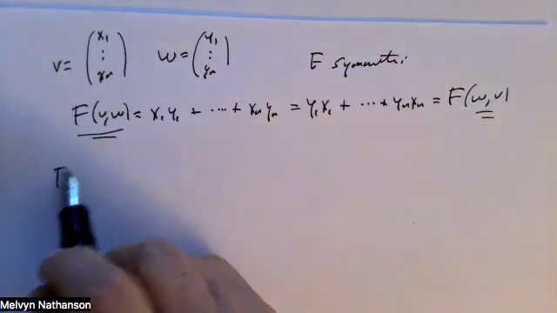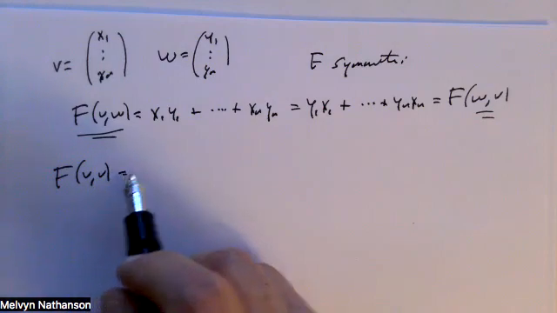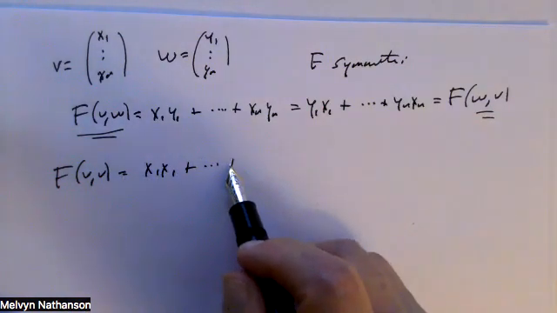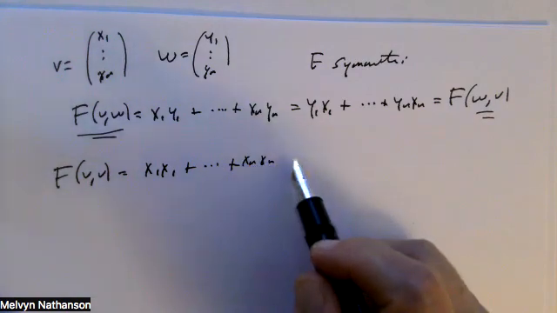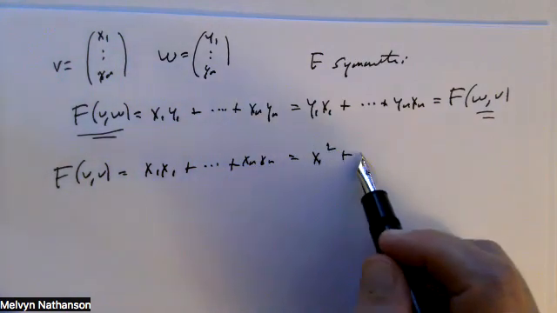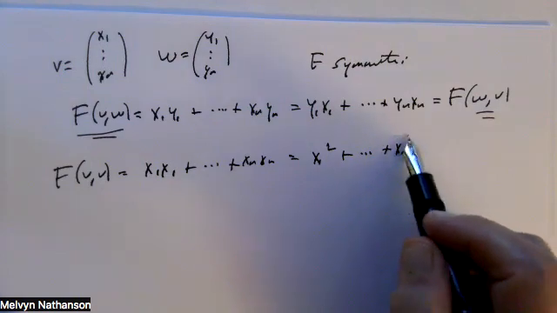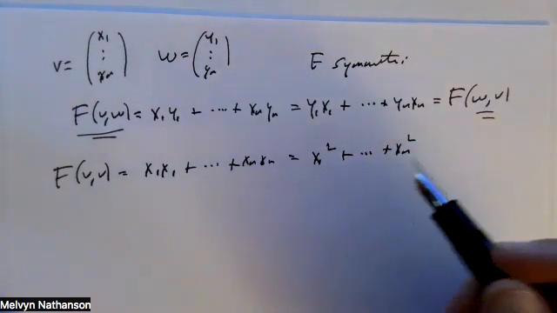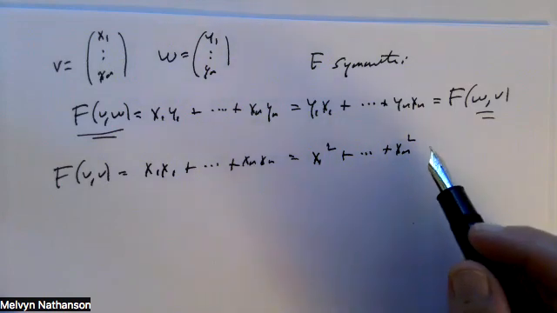And suppose we take f of the vector v with itself. That's going to be x1 x1 plus up to xn xn, which is x1 squared plus up to xn squared, the sum of the squares of the coordinates. And a square is 0 or positive.